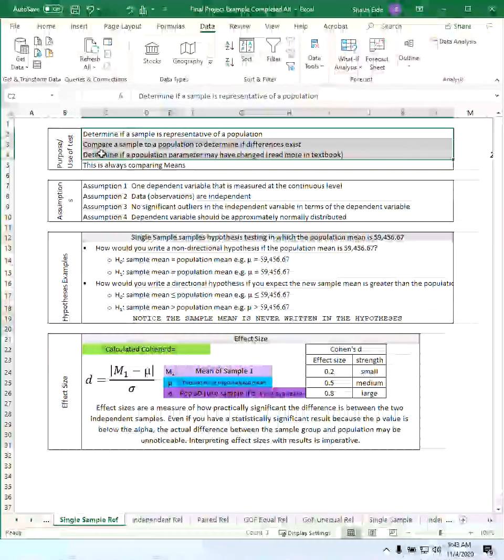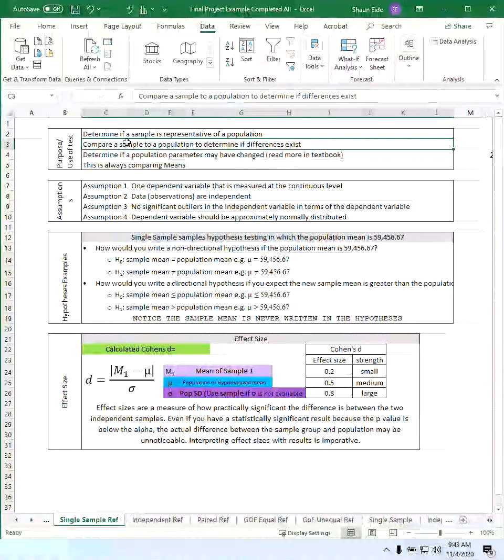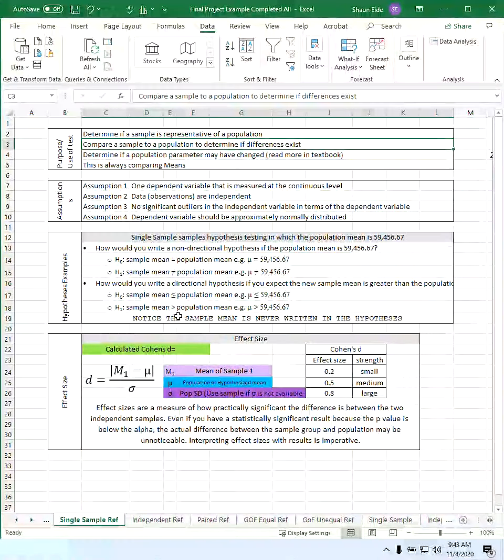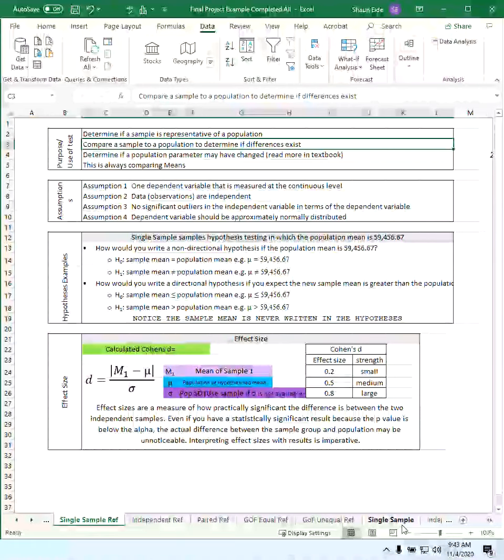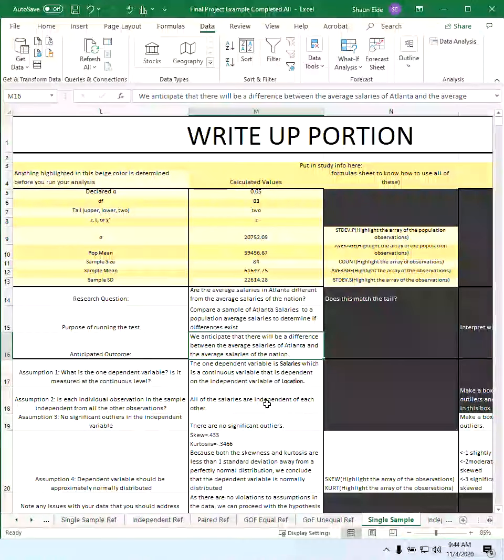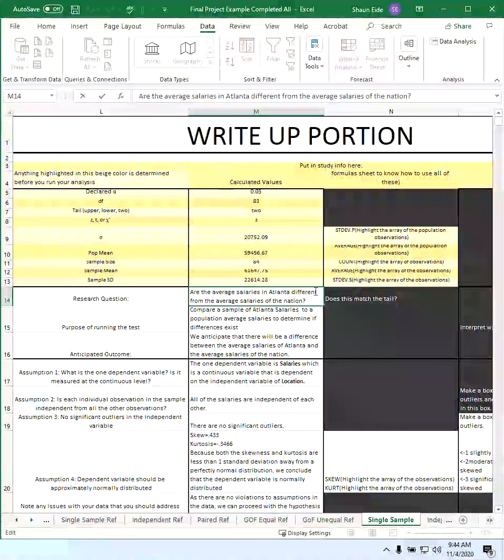So right now, I'm comparing the sample of Atlanta salaries to the population to see if there's a difference between Atlanta and the average. Okay, so if this was a one tail, I would say, are the average salaries in Atlanta greater than the average salaries in the nation?